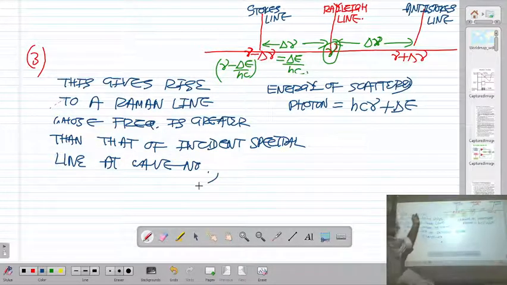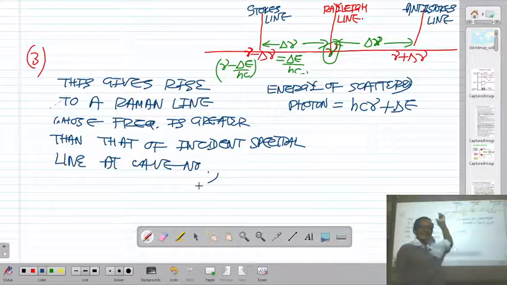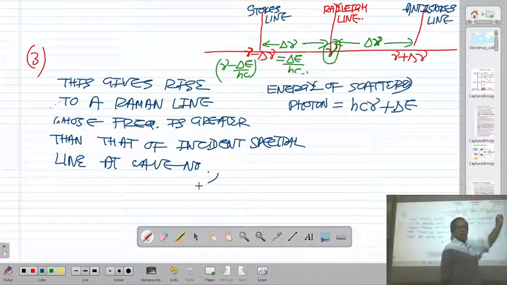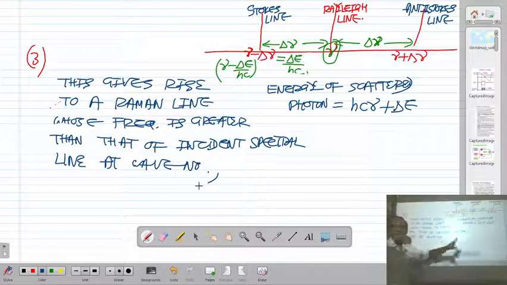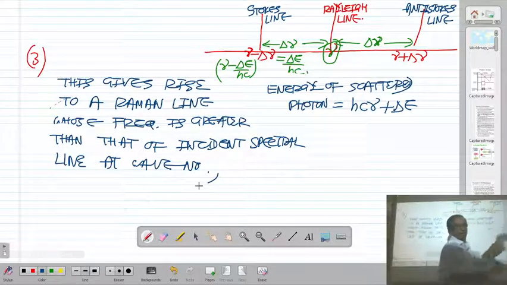So when the energy of the scattered photon is increased by delta E, it gives rise to an anti-Stokes line whose frequency is greater than that of the incident line. We calculate the wave number of the anti-Stokes line.